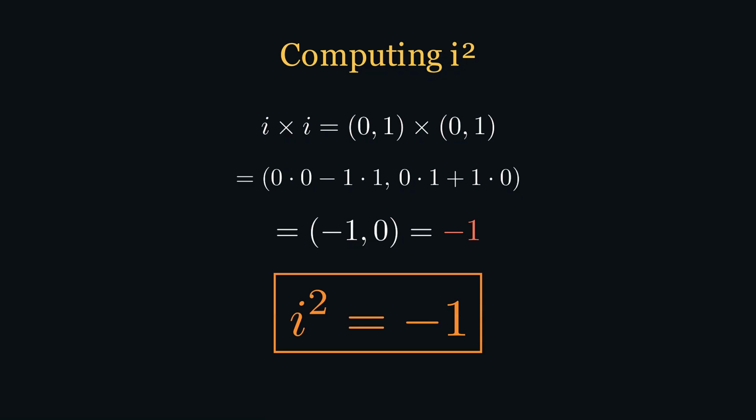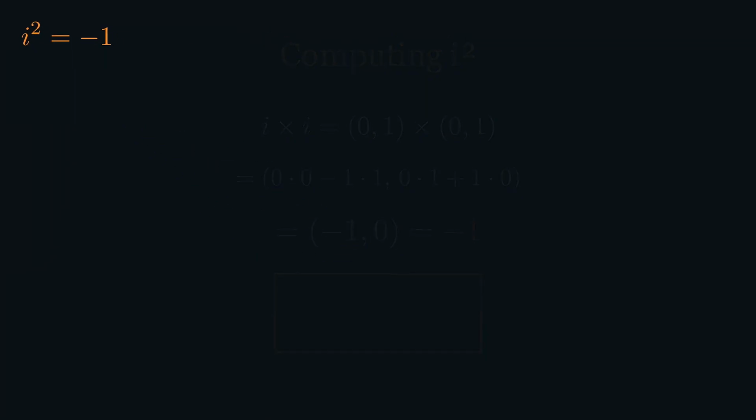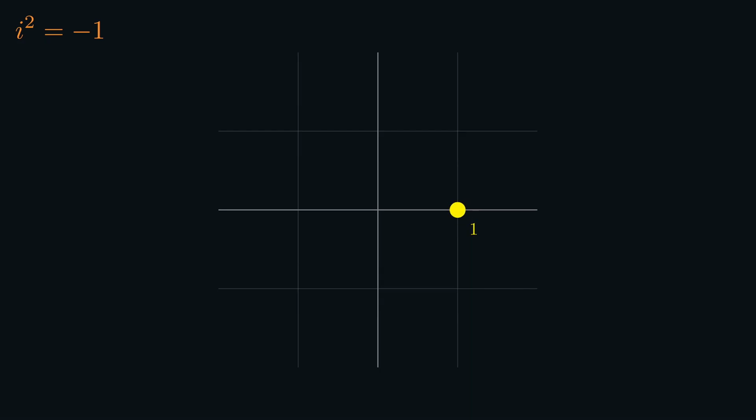x equals i. There's a geometric interpretation that I find is worthy of being shown for building intuition. Multiplying by i is the same as rotating by 90 degrees counterclockwise. Start with the number 1, sitting on the positive real axis. Multiply by i. You get i sitting on the positive imaginary axis.